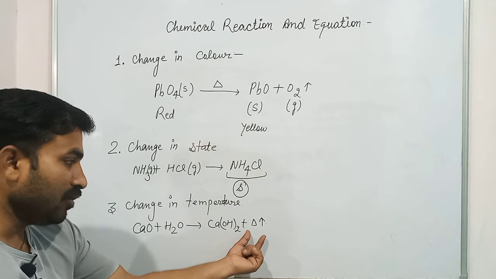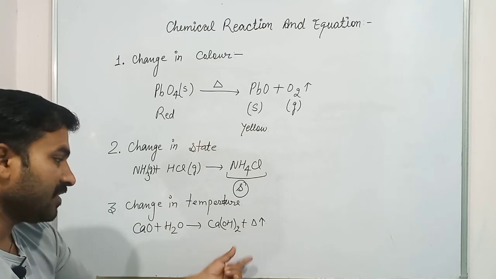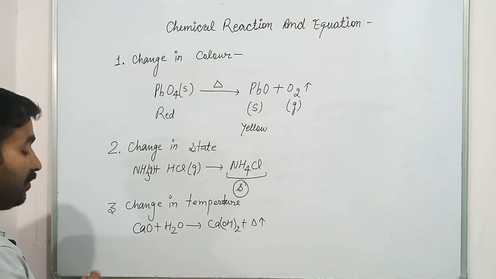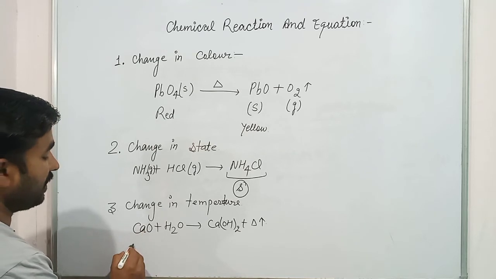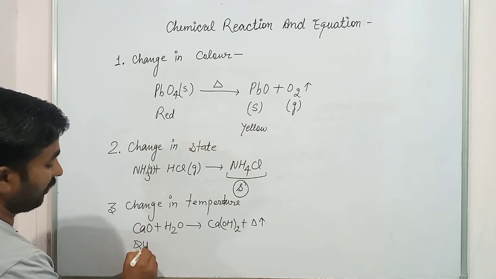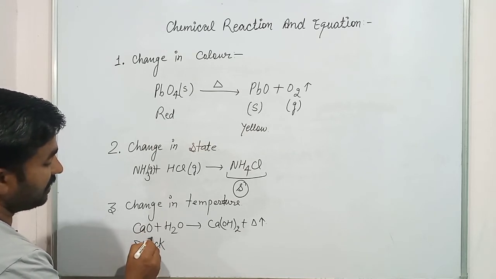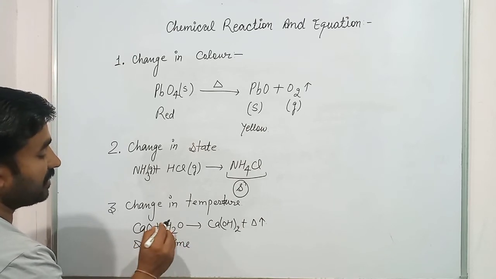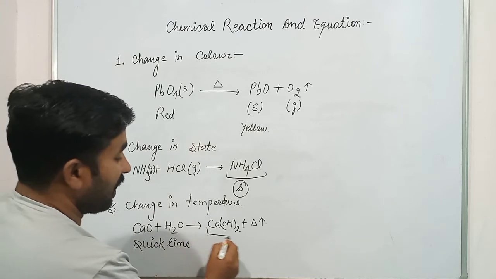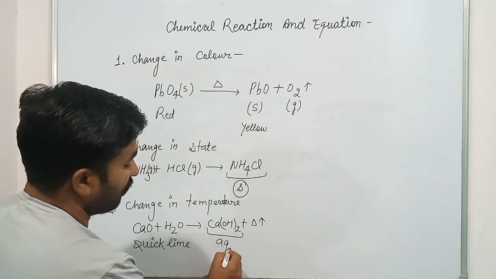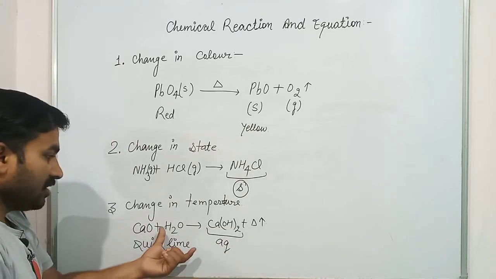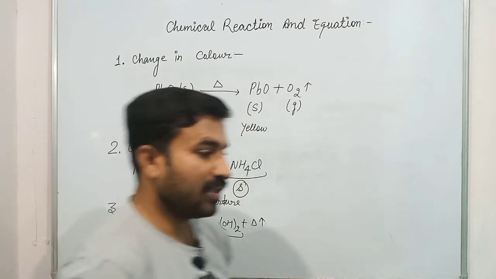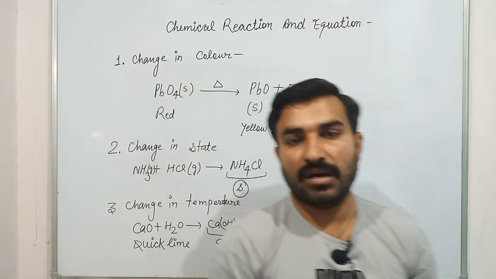This evolution of heat shows the change in temperature during the process. Calcium oxide is also known as quicklime, and calcium hydroxide is in aqueous state. It shows change in temperature during the process of chemical reaction.